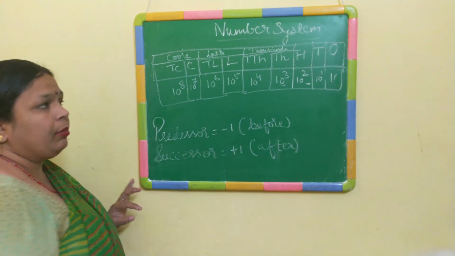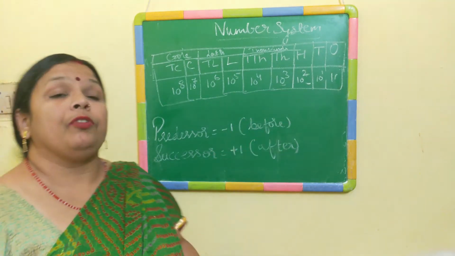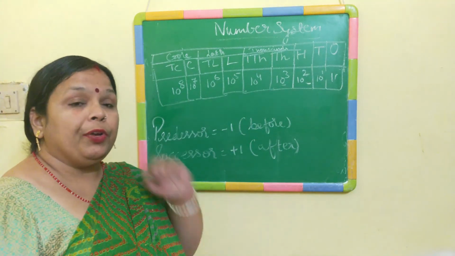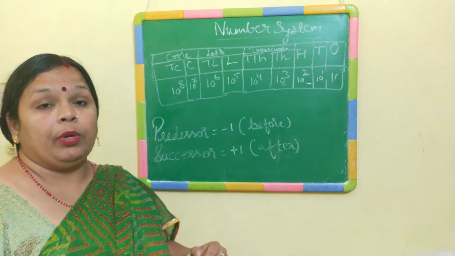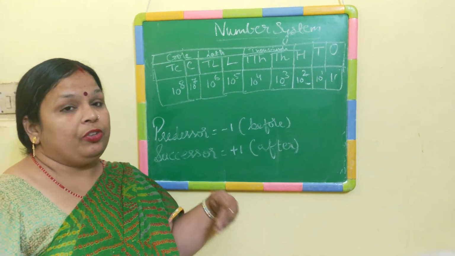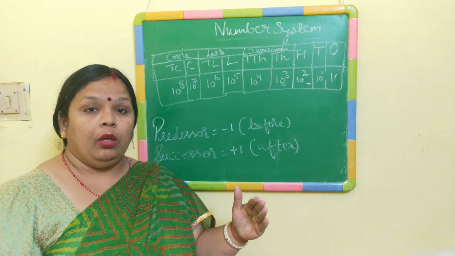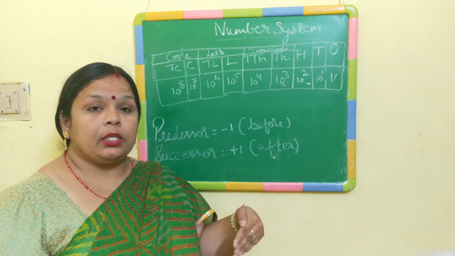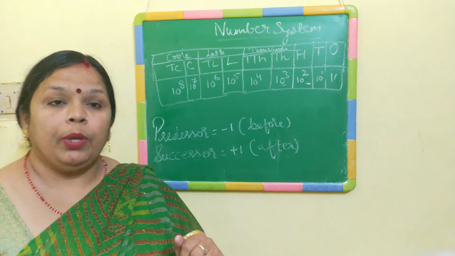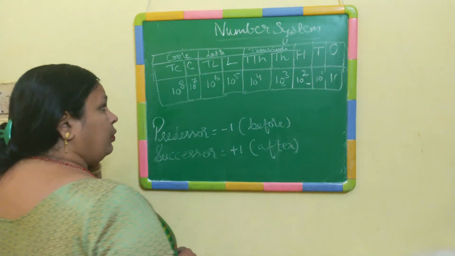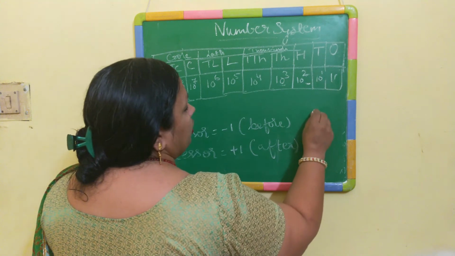So any digit number which you consider, whether it is a 3-digit, 4-digit, 5-digit, 6-digit, 7-digit or 8-digit number, the predecessor means just subtract 1 from the given number, and successor is to add 1 to the given number.